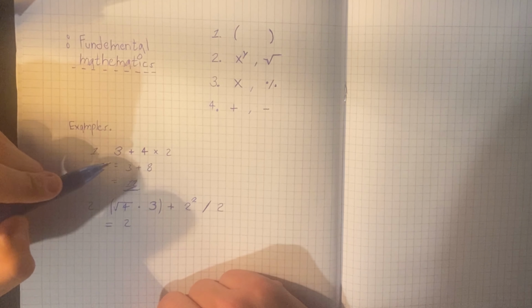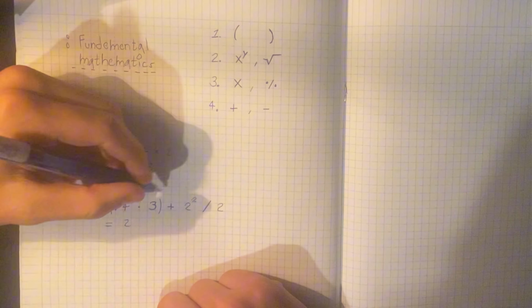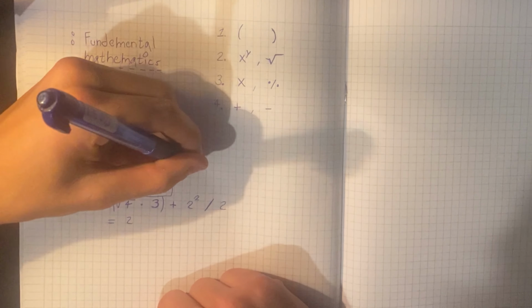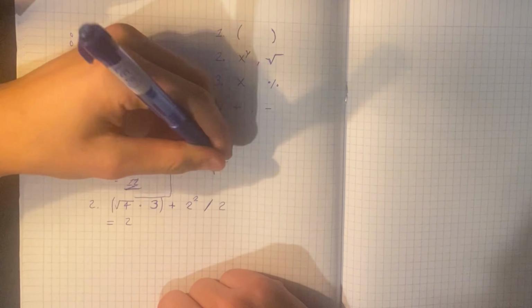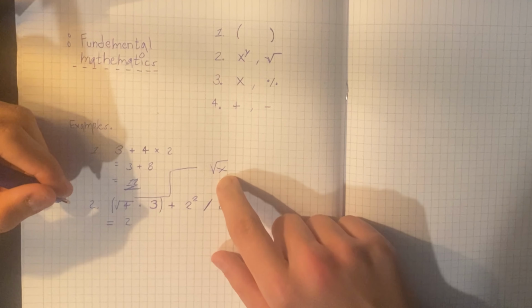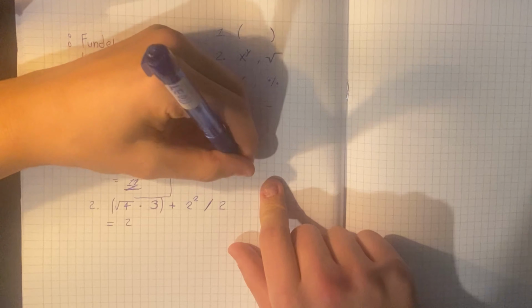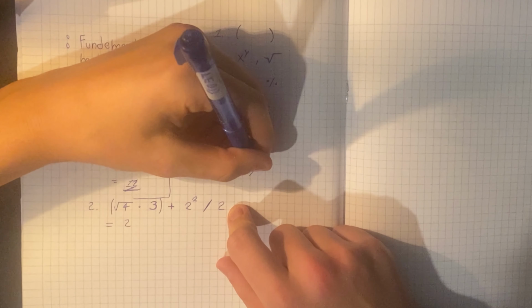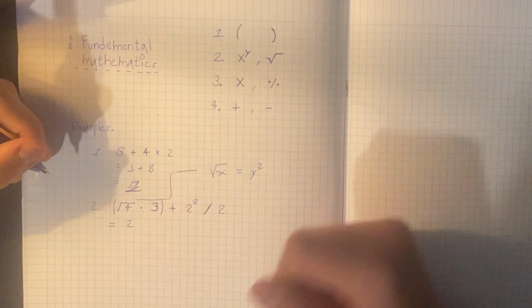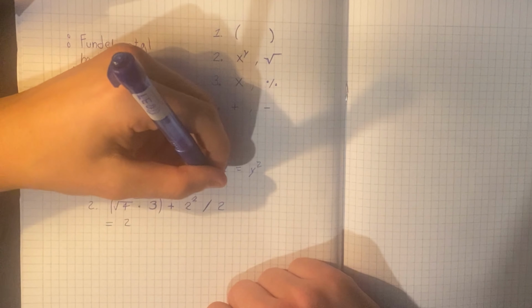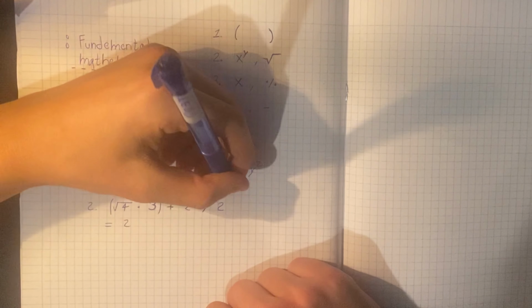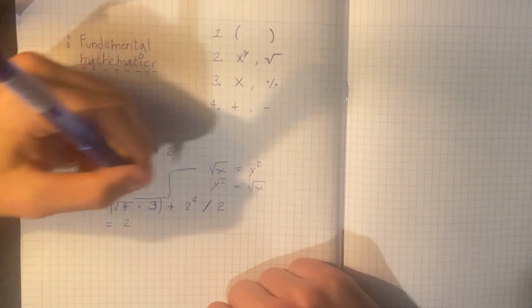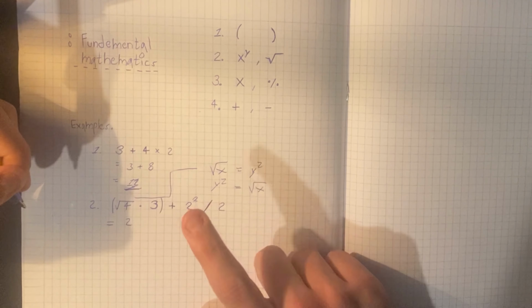And if you want the formula of the square root, the square root of x is equal to y, when y to the power of 2 is equal to x. That's our rule right here.